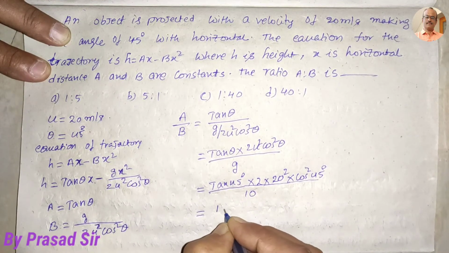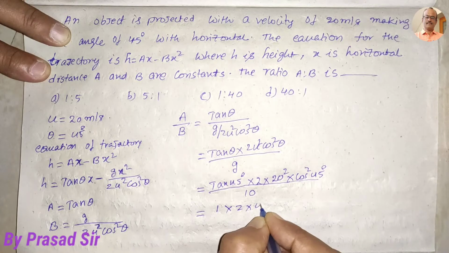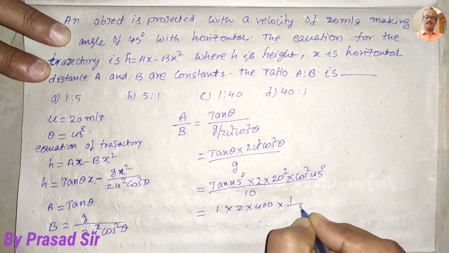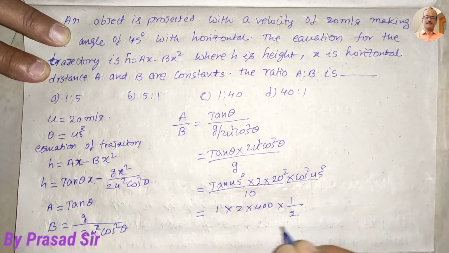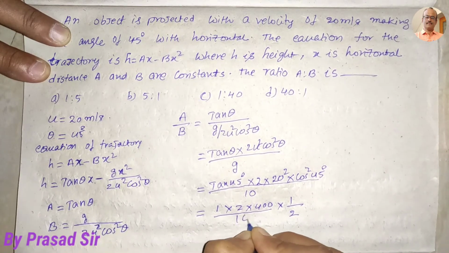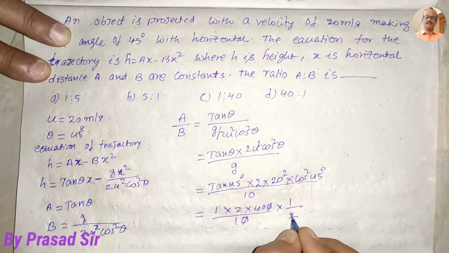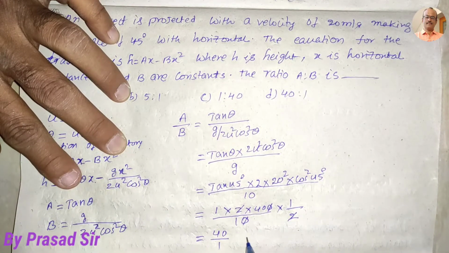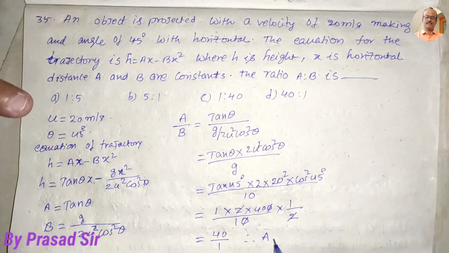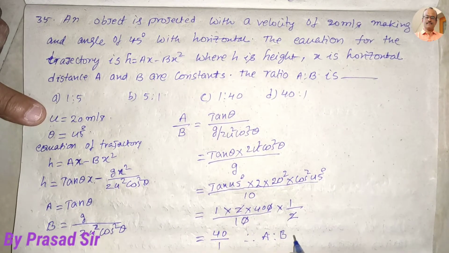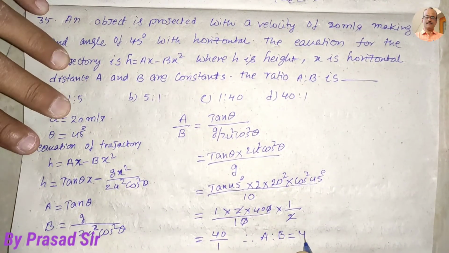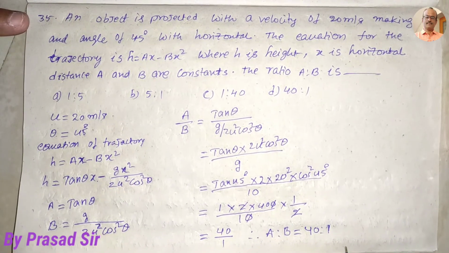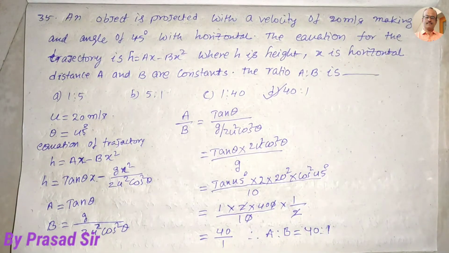Here tan 45 is 1, and 2 into 400 into cos² 45, which is (1 by root 2) whole squared, is nothing but 1/2, divided by 10. Zeros cancel, 2 2 cancel, the remaining is 40 by 1. Here a is to b is equal to 40 is to 1. So which is the correct option here? 40 is to 1, D is correct.